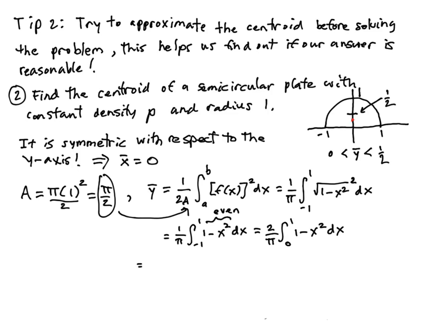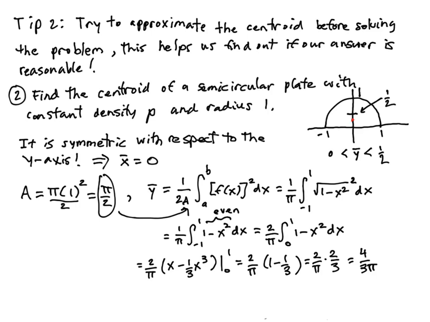This is going to equal 2 over pi times x minus 1/3 x cubed, going from 0 to 1. If I plug in 1, I get 2 over pi times 1 minus 1/3. What does that equal? That's 2 over pi times 2/3, which is equal to 4 over 3 pi.